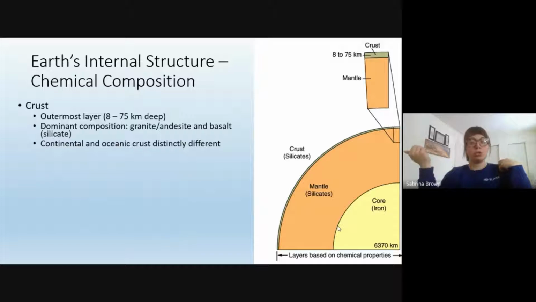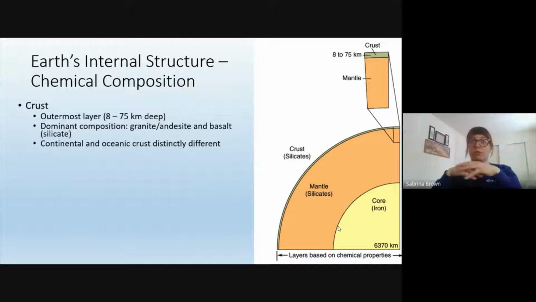And our ocean crust is largely made up of basaltic or more mafic rocks. And this dominant composition of the crust and the difference between continental and oceanic crust is related to how those two crusts form. Essentially, the source, right, of the magma that forms ocean crust versus continental crust.